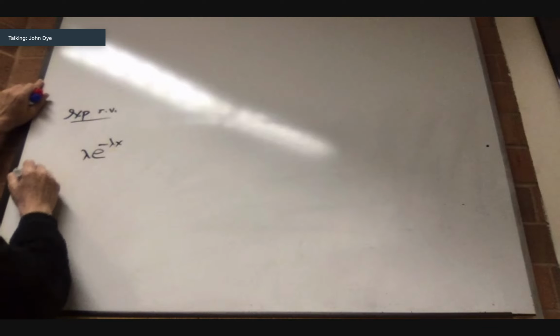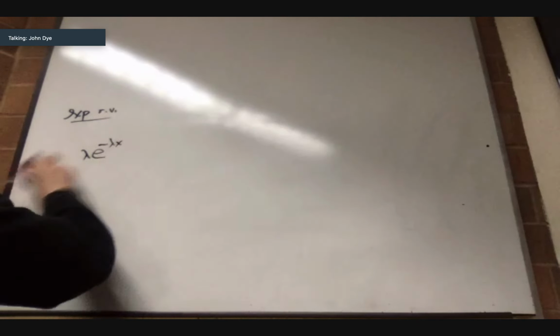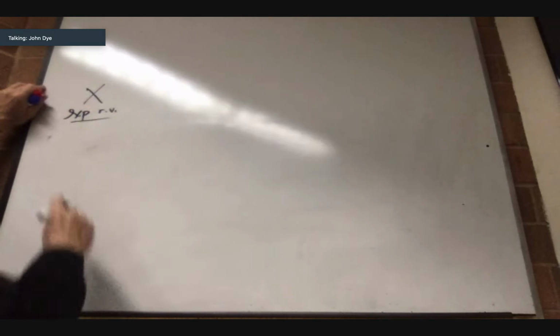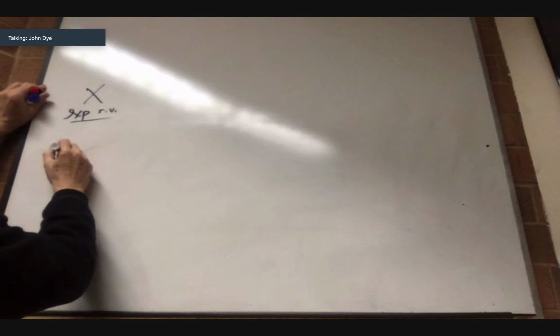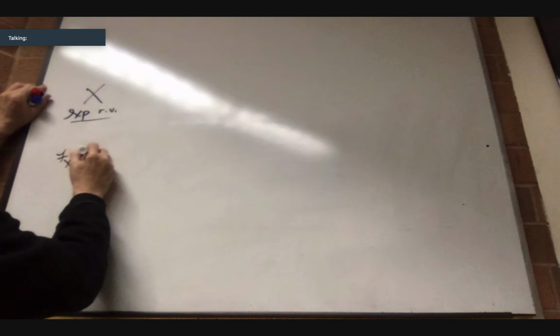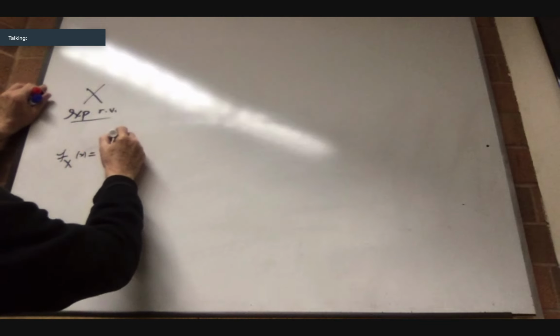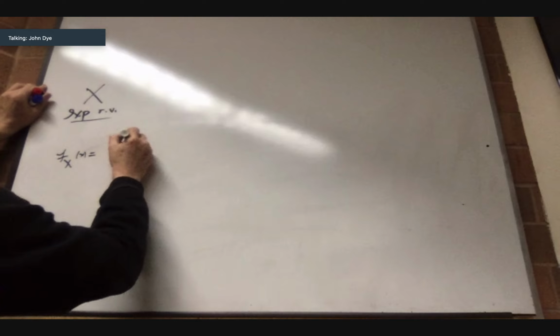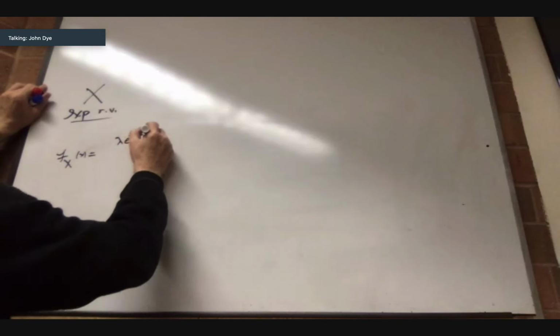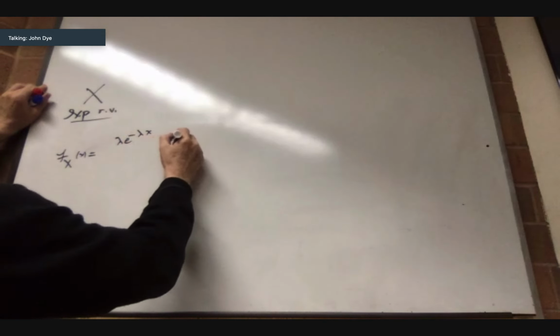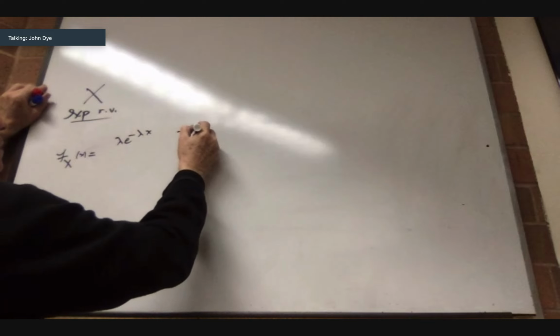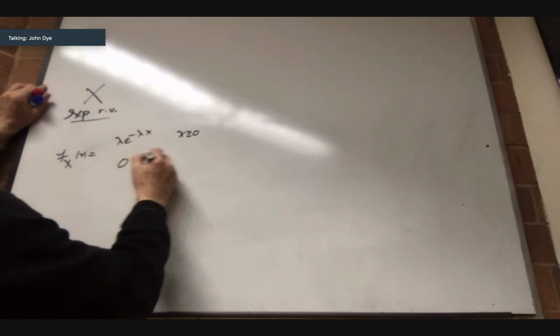So let's say x is an exponential random variable. What is its density? So f of x equals lambda e to the minus lambda x, for x greater than or equal to 0, and 0 else.